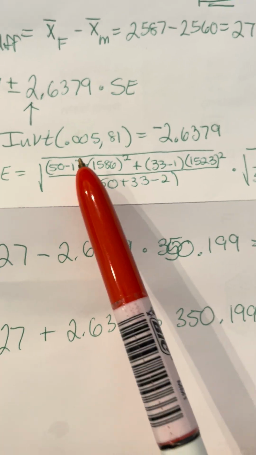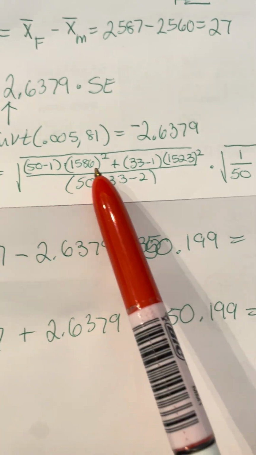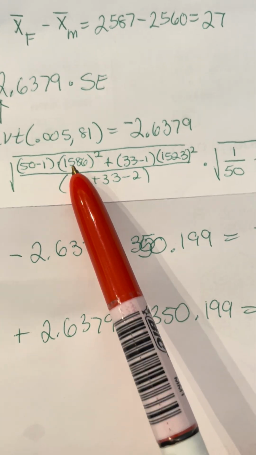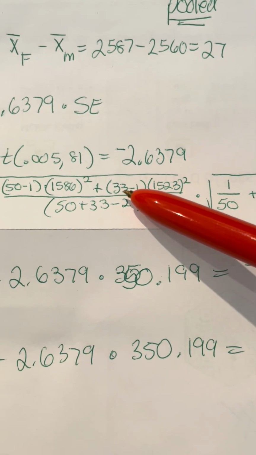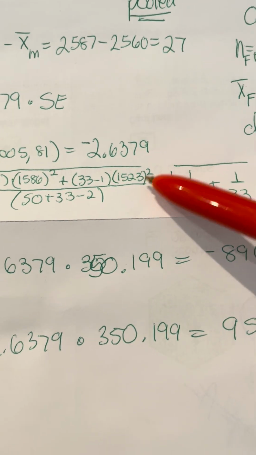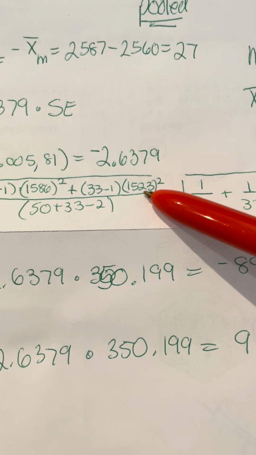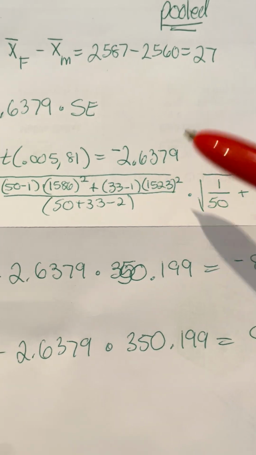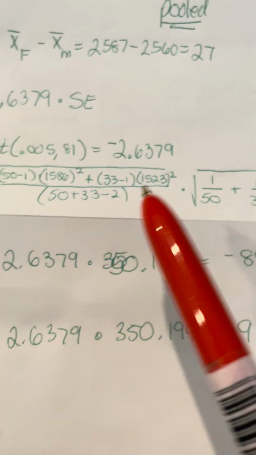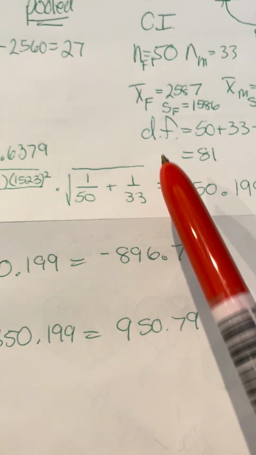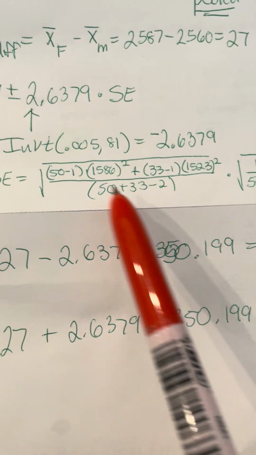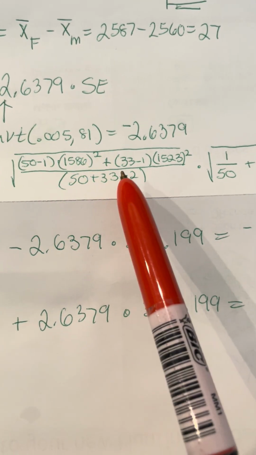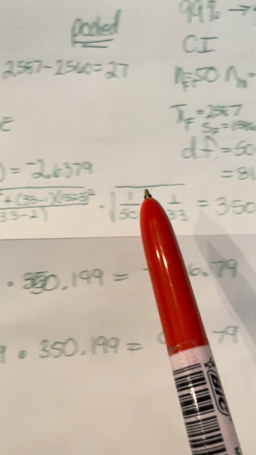So remember that it's the sample size minus 1 times the standard deviation squared. Another name for this is the variance, plus the sample size minus 1, and again, the variance. So the standard deviation squared gets us our variance, divided by our degrees of freedom. And then we have this multiplier that actually ends up getting us to the standard error. If you can recall, this is the standard deviation of the pooled information.